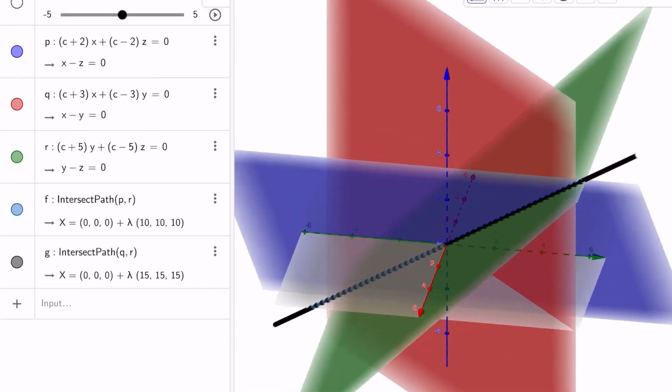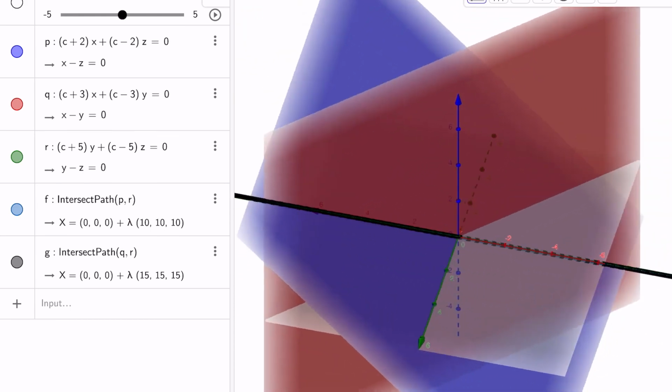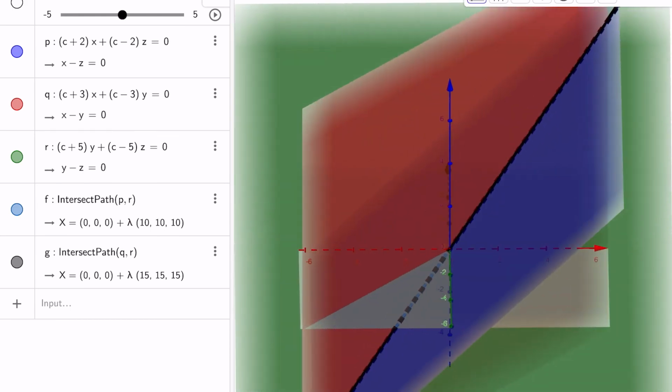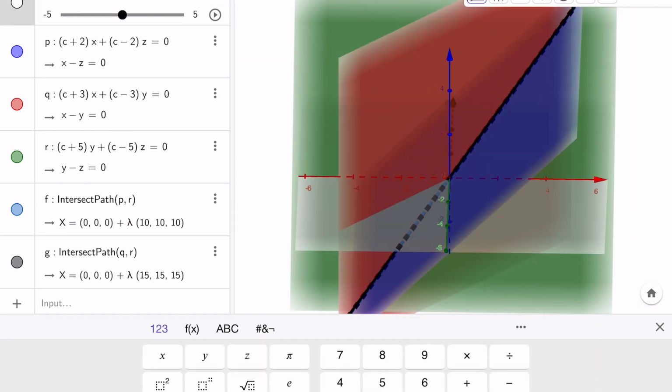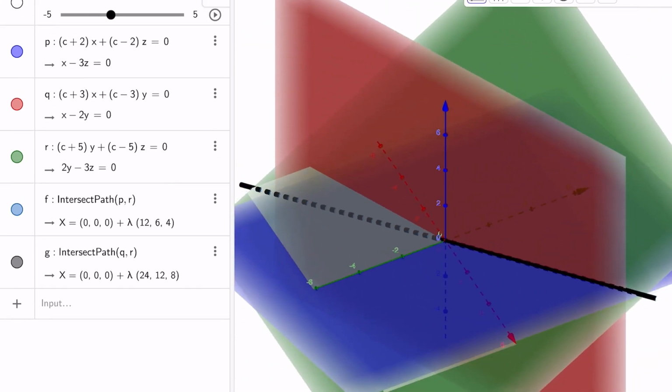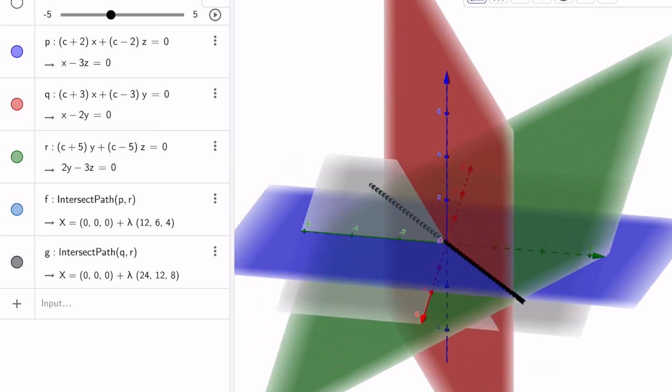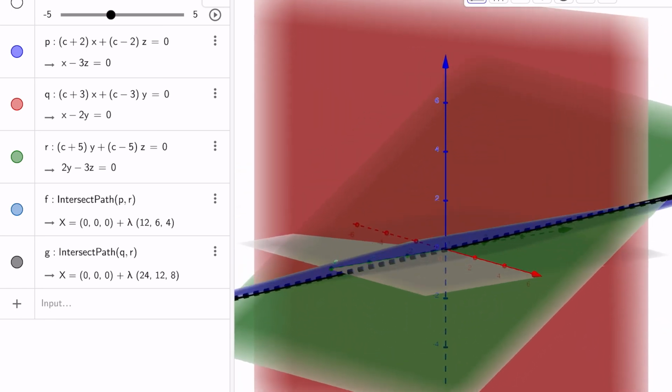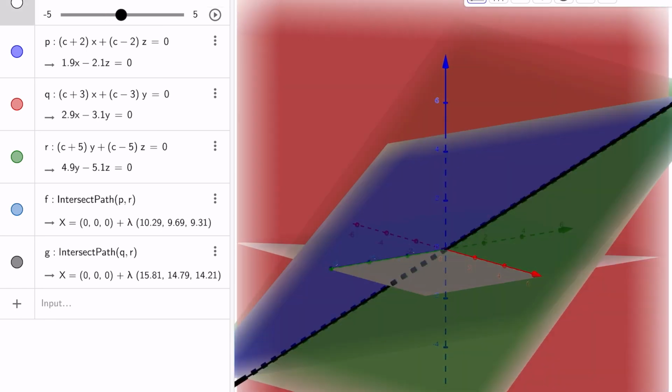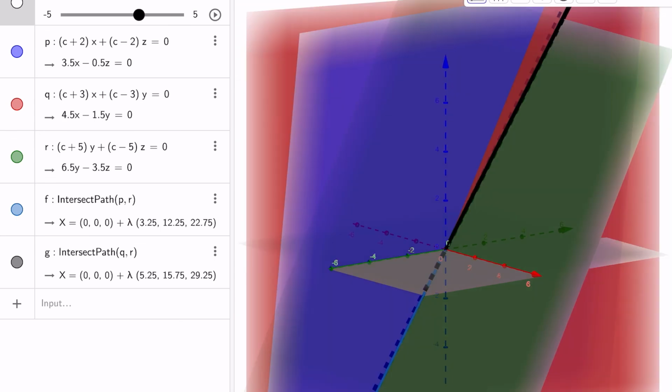We get the solution we got before, again, an infinite number. And if c is equal to minus 1, this solution changes, but again, the planes are all meeting along a line.